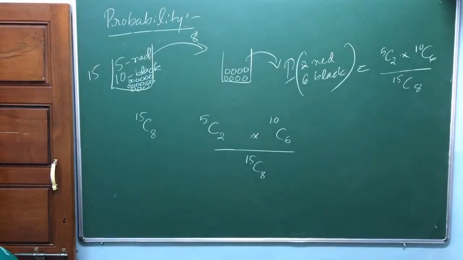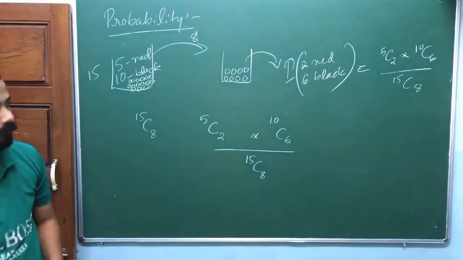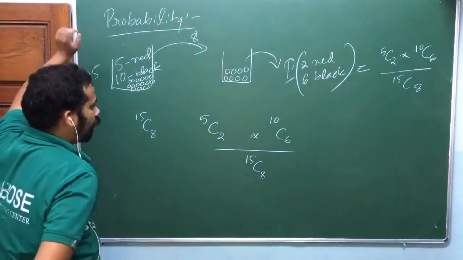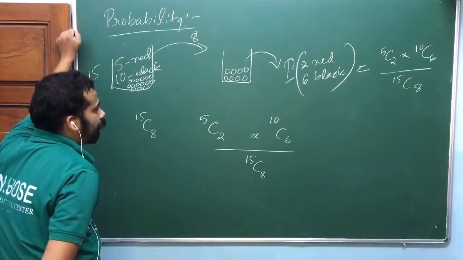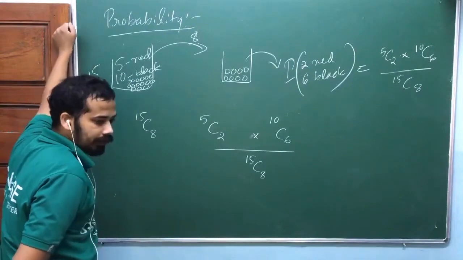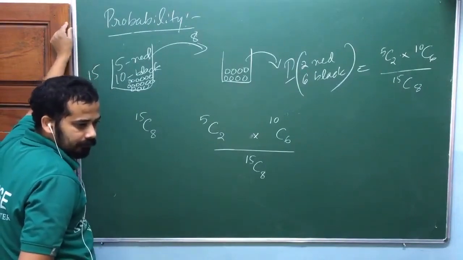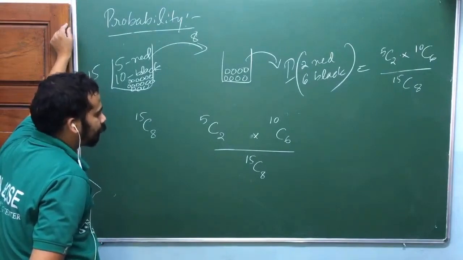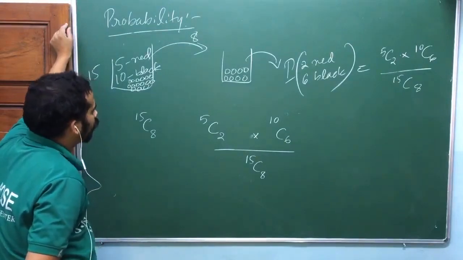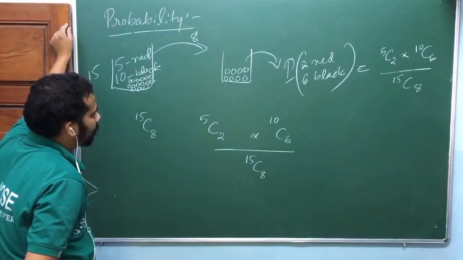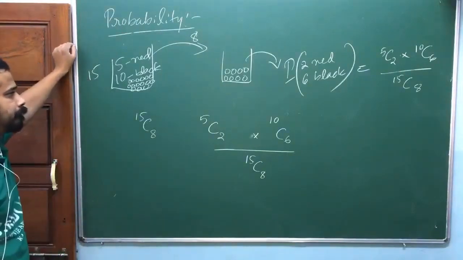Sir, in this question, first we drew out 8 balls from those 15 balls, no? No. Here you just need, I'm not applying those theorems. Is that clear? Sir, I'm confused that first we drew out 8 balls from 15 balls and then we are applying 2 red ball from 5 red ball.